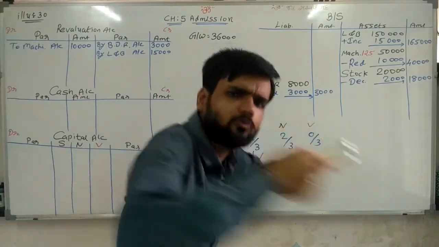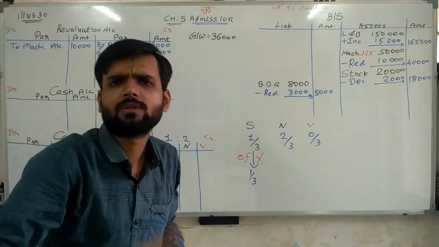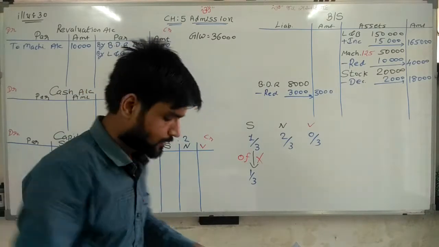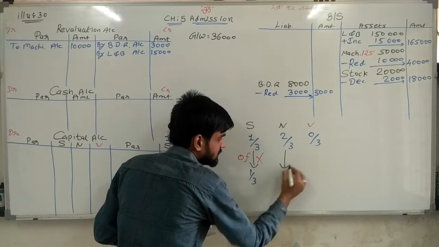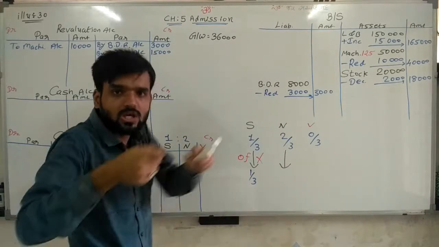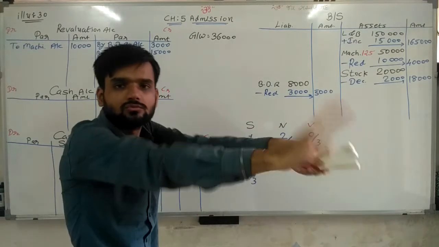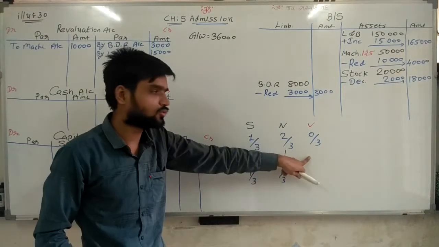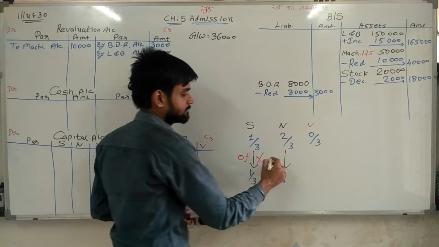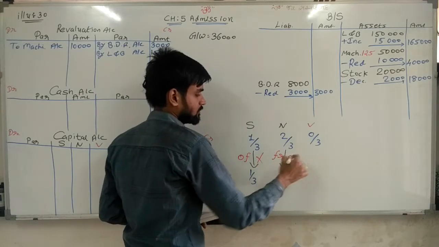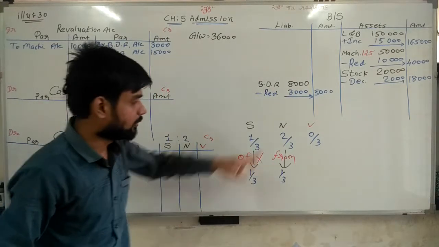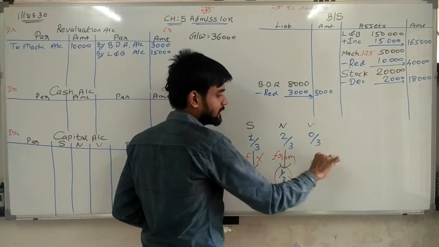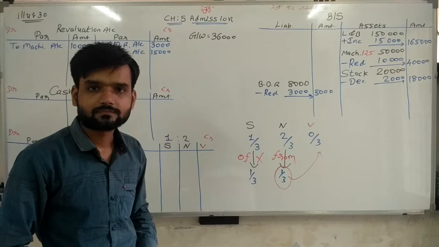Directly 1/3 share is given to Vijay. Directly means 'from'. That you need to remember. So Neeraj gives 1/3 share to Vijay. So 1/3 directly given to Vijay. I don't need to multiply here because this 1/3 is directly given to Vijay.